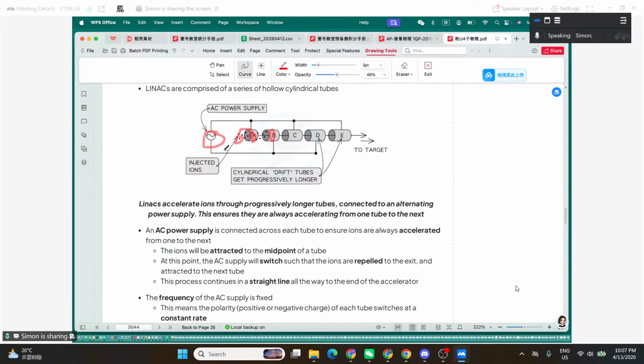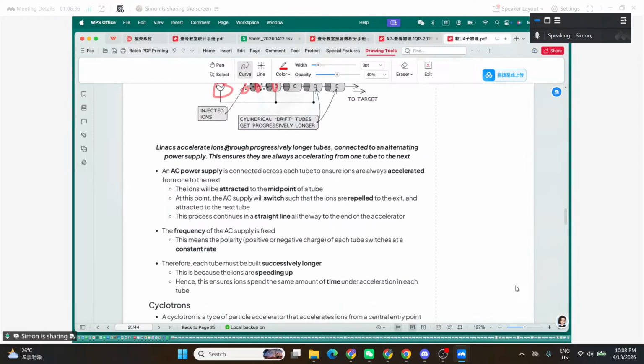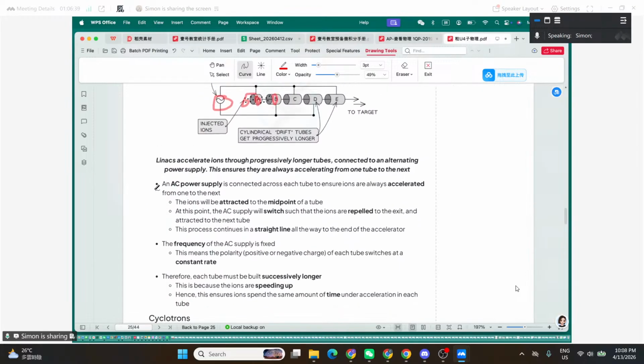Look at the detailed process. Here the alternating power supply is connected across each tube to ensure ions are always accelerated from one to the next one. The ions will be attracted to the midpoint of the tube.